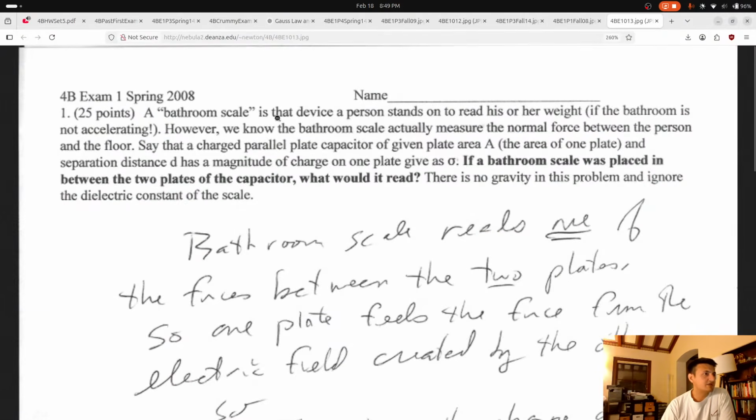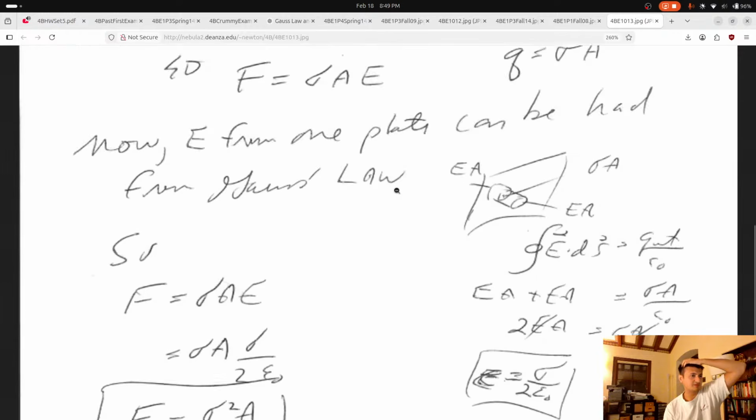A bathroom scale is that device a person stands on to read his or her weight if the bathroom scale is not accelerating. However, we know that the bathroom scale actually measures the normal force between the person and the floor. Say that a charged parallel plate capacitor of given A, so it has a magnitude. I think I just, what does he do?